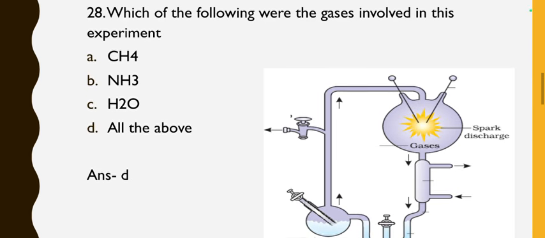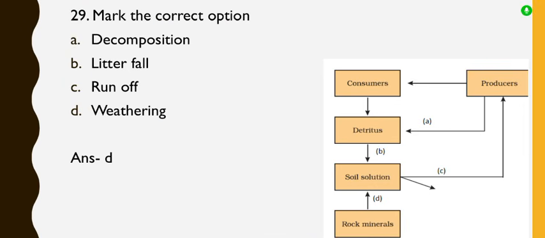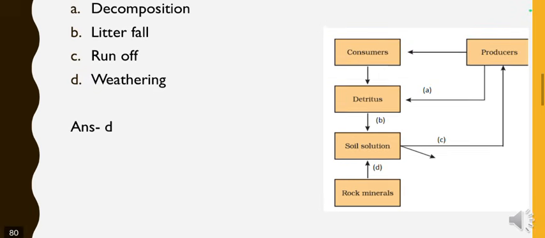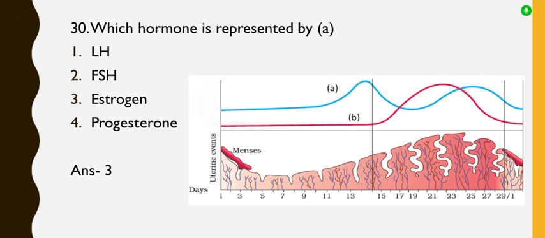All the gases were involved in the Stanley Miller experiment. Mark the correct option related to this phosphorus cycle. The correct option is D, weathering. Which hormone is represented by A? A is option 3, estrogen.